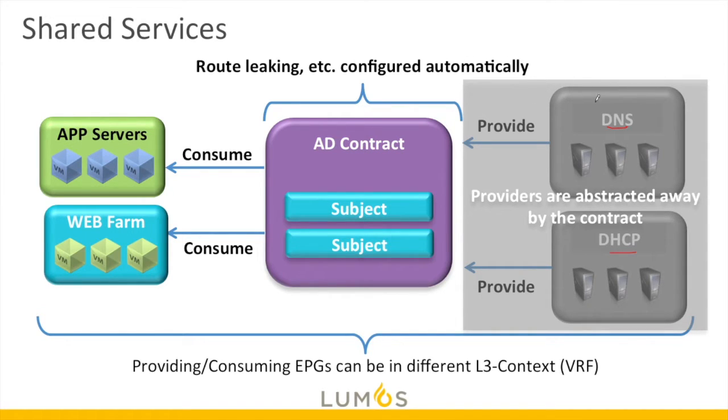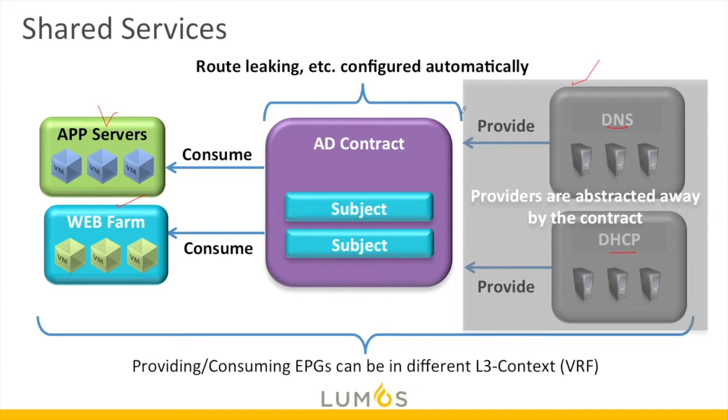We may want to have a common tenant. We can put that into the common tenant, and we can share those services across all of our tenants, and we can do that through providing those contracts. Now, whatever subnet we have the app servers in and the web farm in, we just make sure that we do that as a shared subnet, and the same thing here in the common tenant.